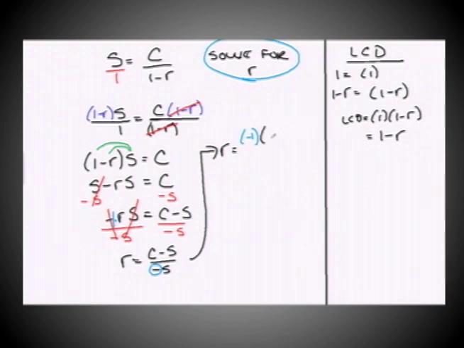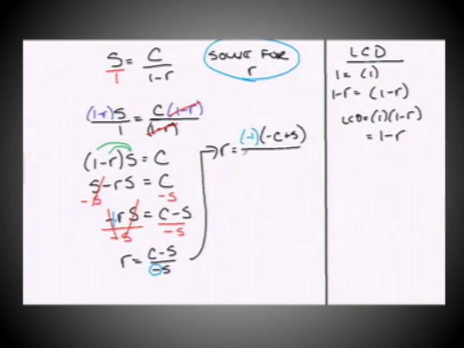This is just the equivalent of having positive 1 being multiplied, so it's not changing anything. Notice that both of the terms behind the negative 1 there, once you factor that negative 1, both of those signs change. So now I have negative C plus S.